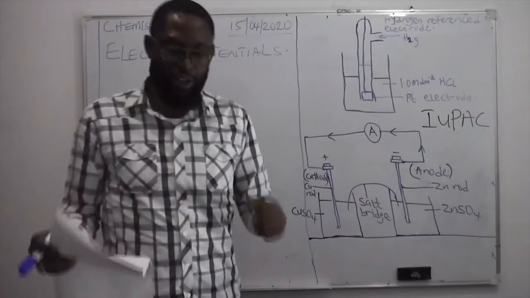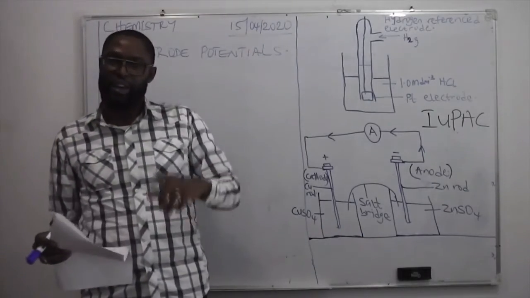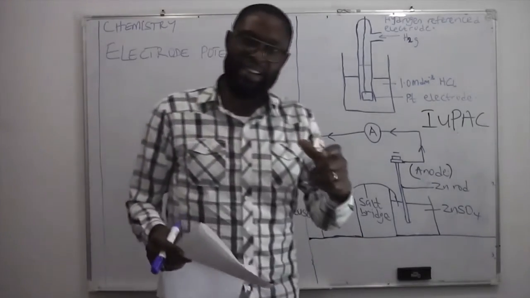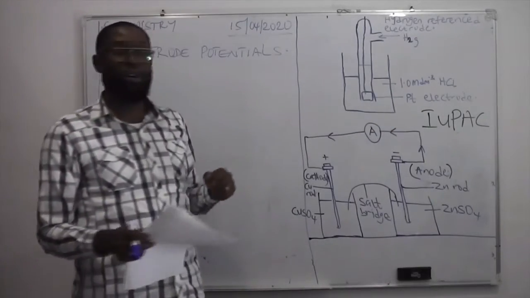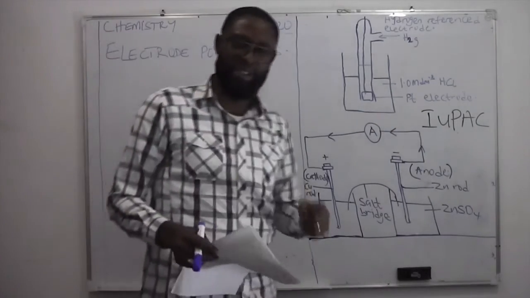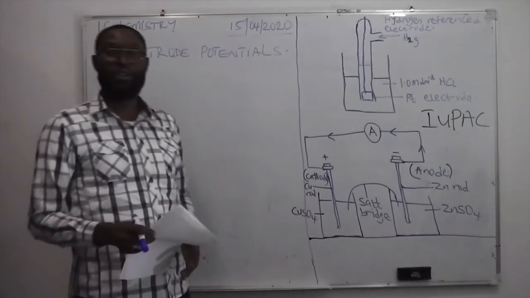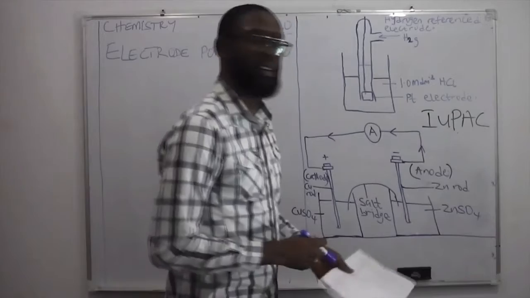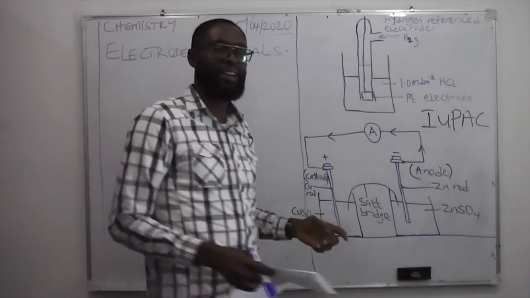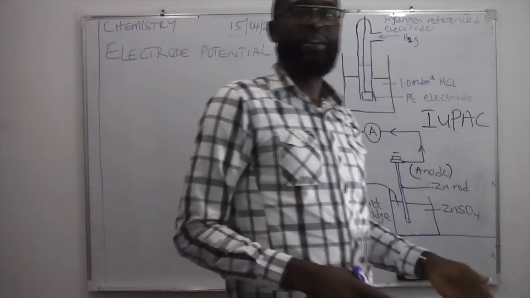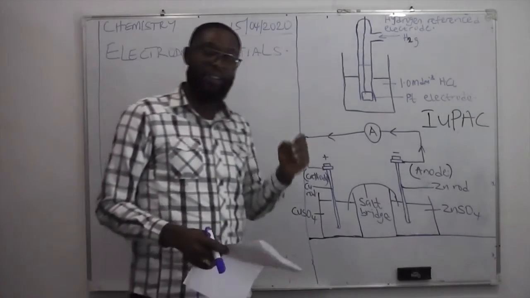The algebraic summation of two different half cells that are connected by a solid bridge. The value that we get when we do that is what we call EMF, which is electromotive force. And the EMF can be deduced by having the difference between the right-hand cell and the left-hand cell.